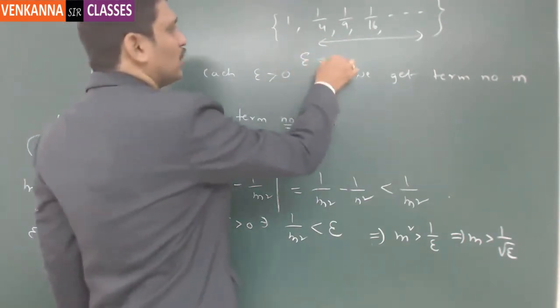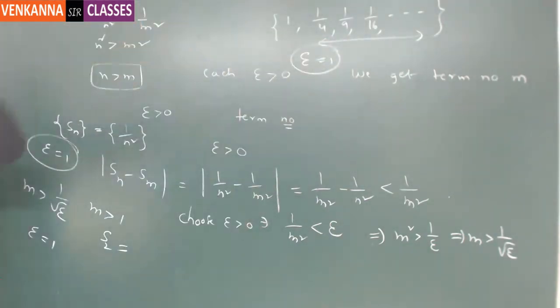If epsilon is equal to 1, from second term onwards, if you take any two terms there, the difference between them is less than epsilon. Could you check that? Take any two terms in the sequence, calculate the difference. Is it becoming less than 1 or not?